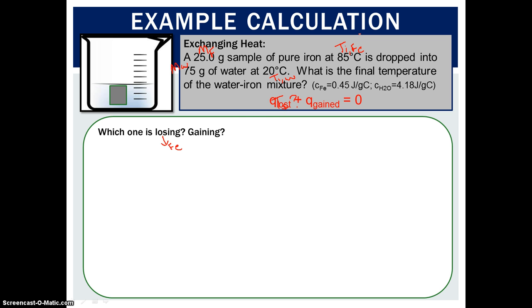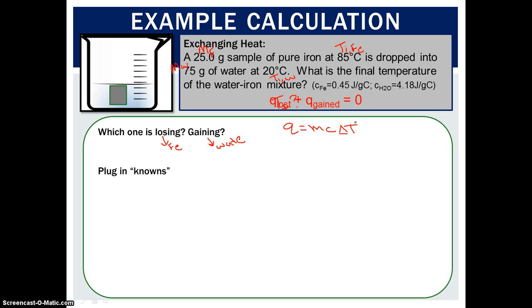So the hottest thing is going to lose energy, and what's going to gain energy is water. Now what we need to do is take this Q lost plus Q gained and the fact that we know Q equals mc delta T and plug it all into the Q lost plus Q gained equation.